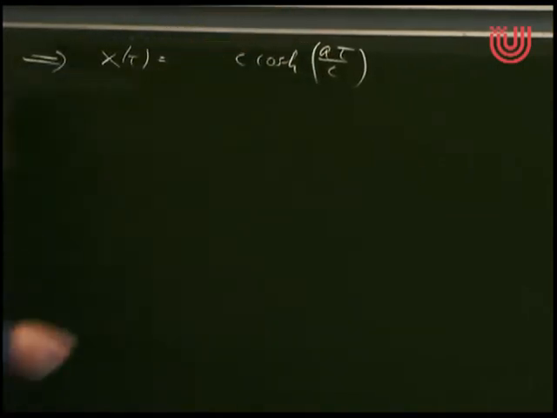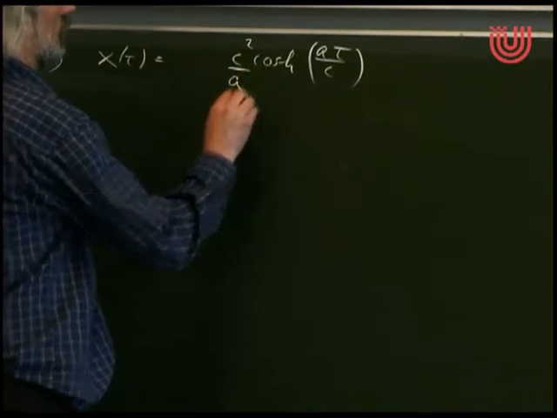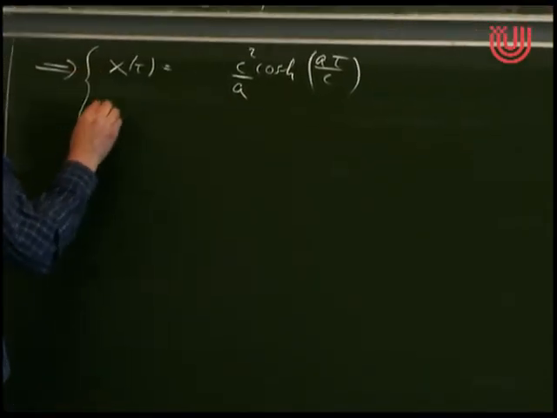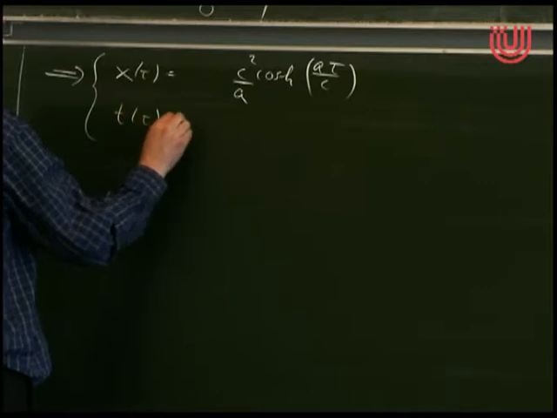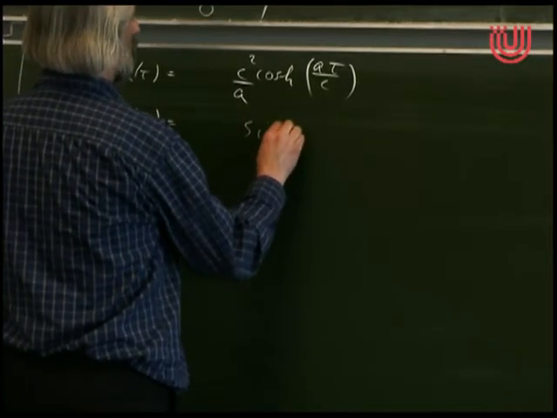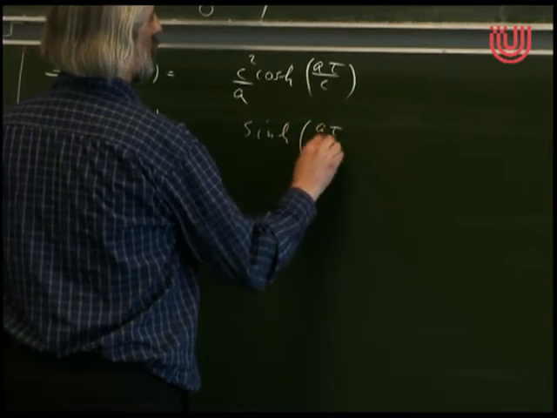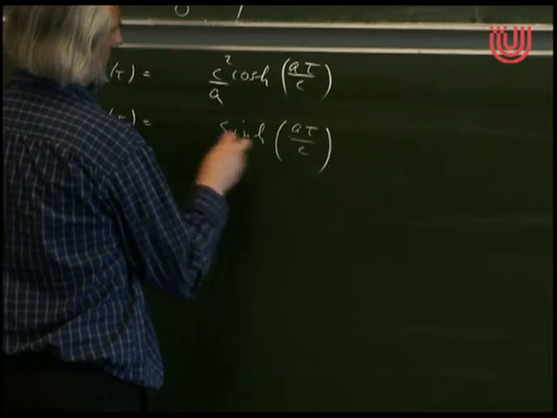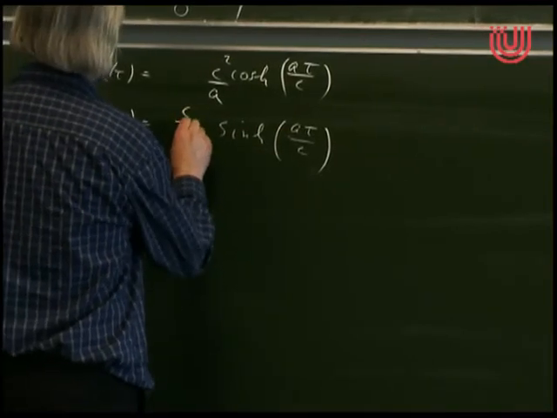And because that's not there, I have to write it in front here. Then it gives this here. So if you differentiate this, you reproduce this. And analogously for t of tau, we have something proportional to sinh. And I differentiate, I get a factor a over c, and I have to kill this, so I need c over a.